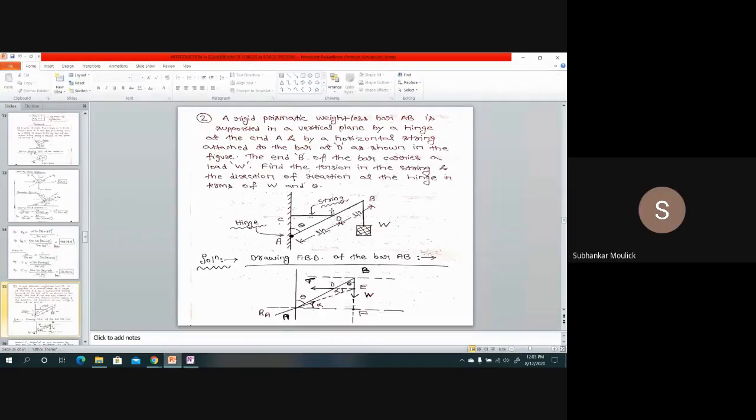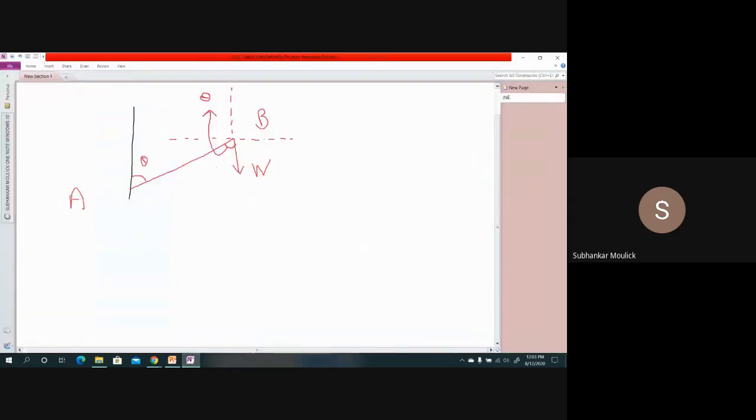Next, the bar is connected to a string at point D. Assume that this is my point D. So the string will exert some tension on this bar.